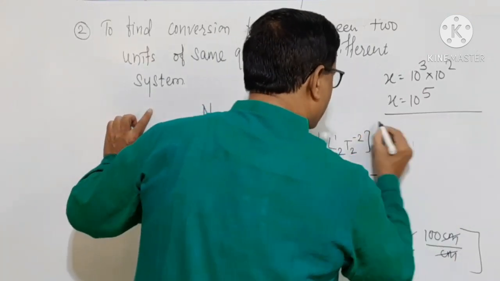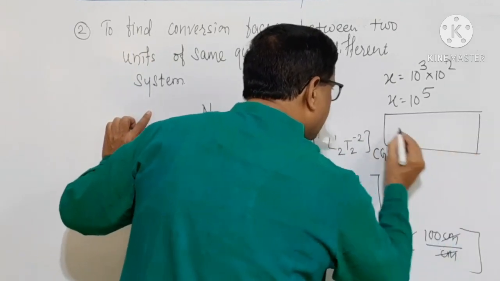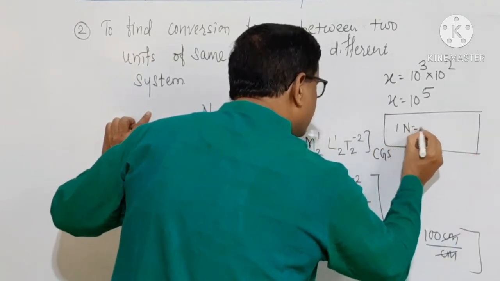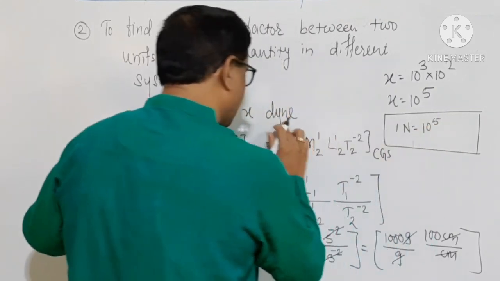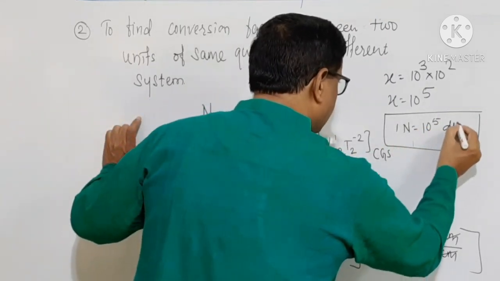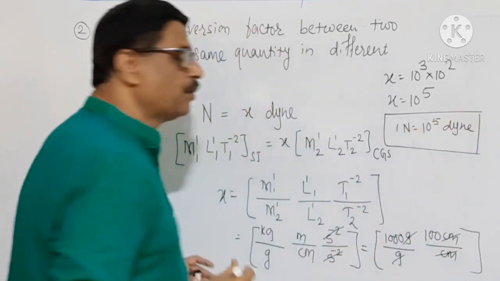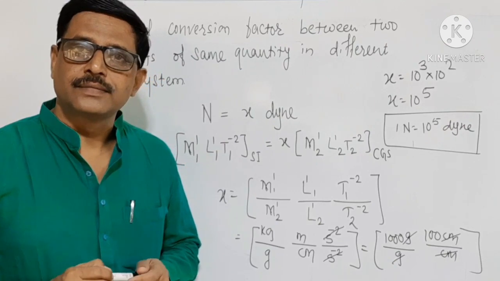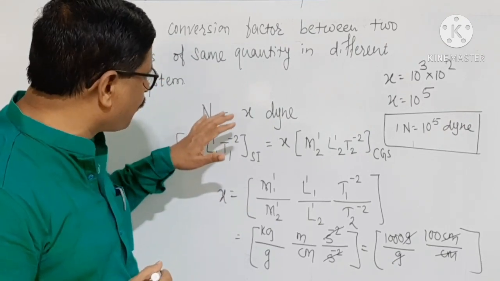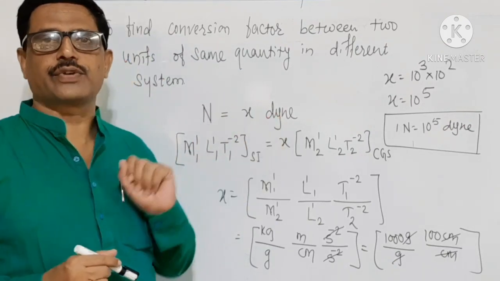And finally, we are going to write the result like this. 1 Newton is equal to the value of x, 10 to the power of 5, dyne. Therefore, 10 to the power 5 is the conversion factor between the SI unit of force and CGS unit of force.